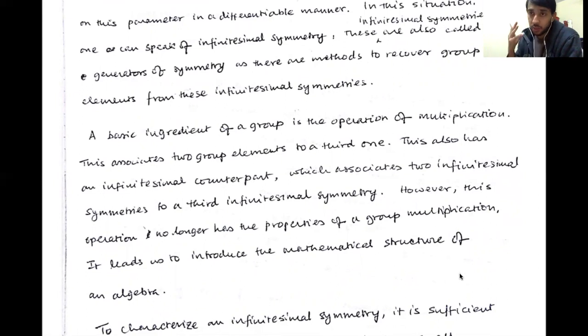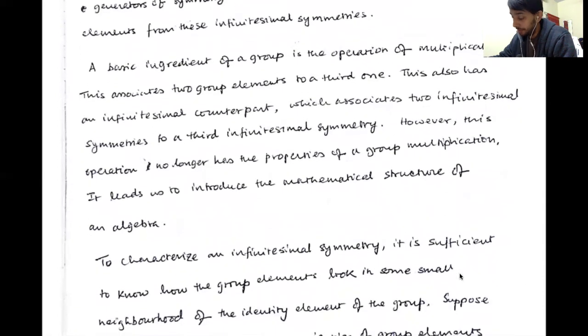And this is why one needs to introduce this mathematical structure of an algebra. So when we are doing things infinitesimally, we'll not be speaking about groups anymore, we'll be speaking about algebras, okay? So you would be able to expand things around zero, for example, and the local symmetries out there would form something which is called the algebra.